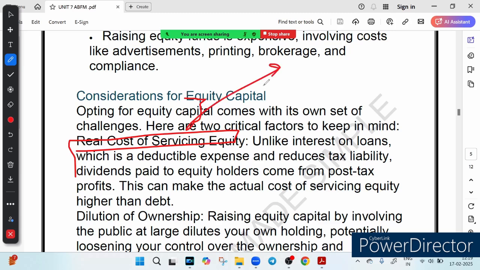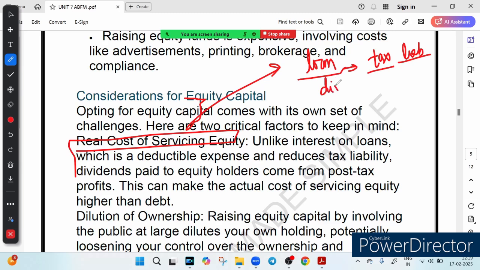Unlike loan interest, so if you take a loan, we are comparing loan versus equity, that is what we are doing. If you take a loan, it will reduce your tax liability. Like if you take a home loan, the interest which you pay is deductible under the old tax scheme, you know it very well. So unlike loan interest which reduces tax liability, dividend is paid to the shareholder, the investor.